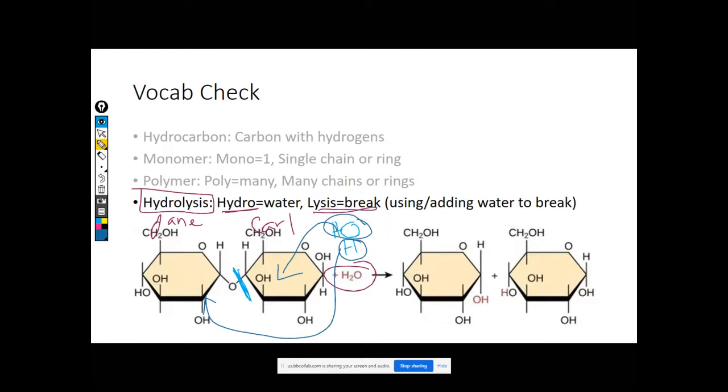Okay, so when we look over here, here's Jane, here's Carl. They both have free hands, living their independent lives. Jane has her original hand, and we've added that hydrogen on there.